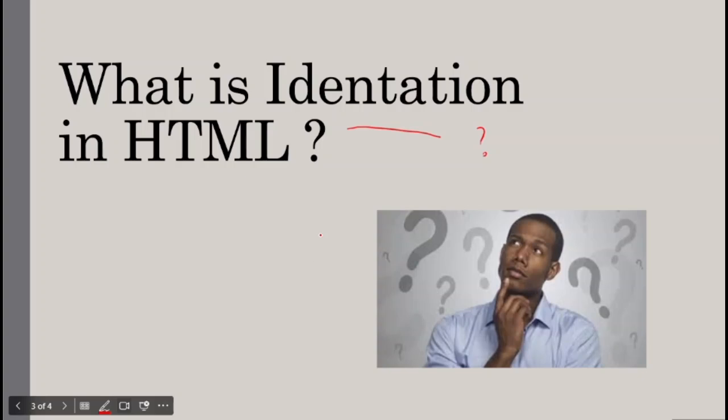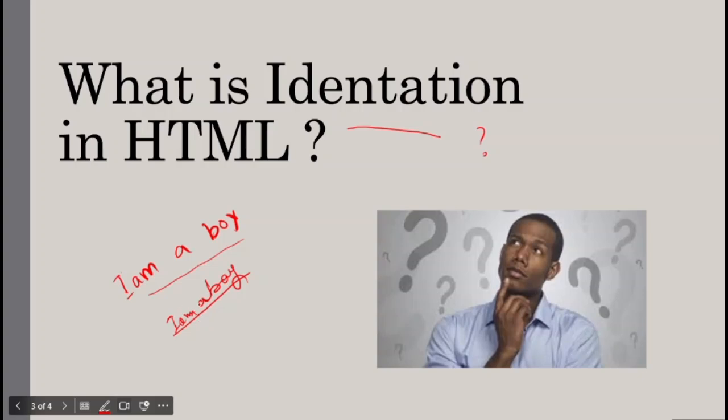Like if you are writing a sentence, "I am a boy," here it's easy to understand and easy to write. But if I write it in a messy way, it's very complex and not easy to understand.